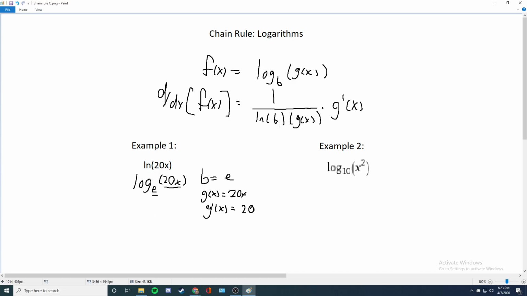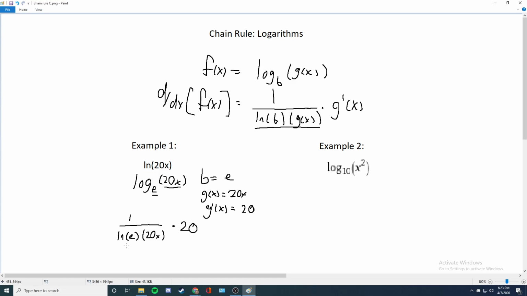So plugging into the general form here, we've got the derivative as 1 over the natural log of b, in this case e, times g of x, 20x, all multiplied by the derivative 20.